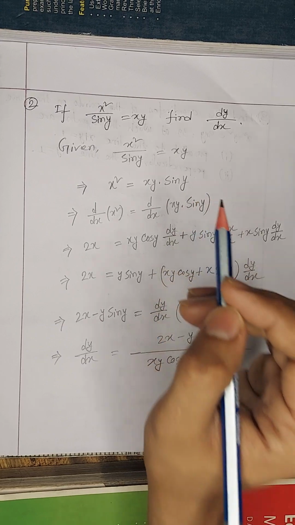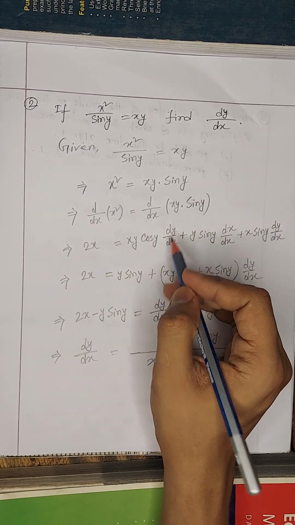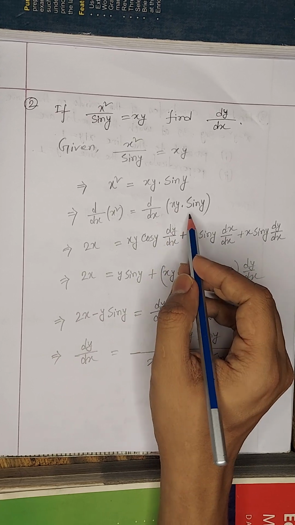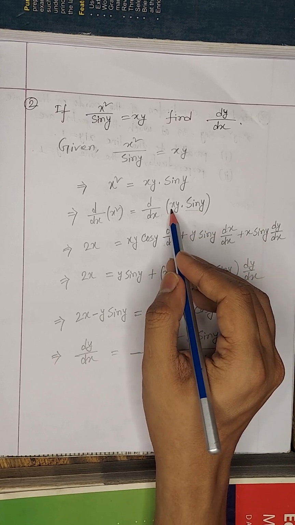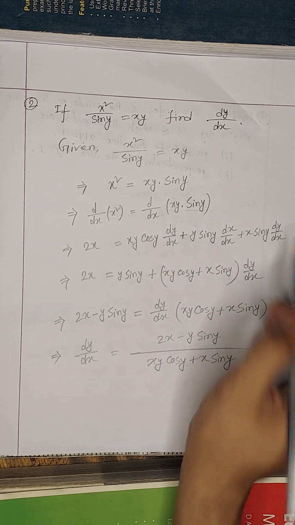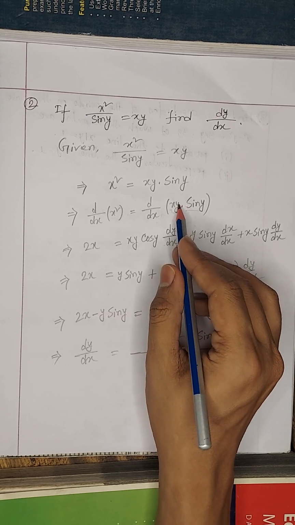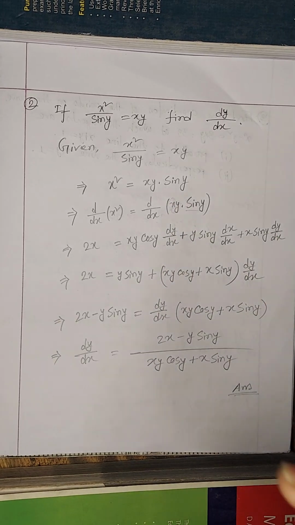Now differentiating both sides, we get 2x here, and on the right hand side there are three terms, x, y, and sin y. First we differentiate y, then we differentiate x, then we differentiate y.